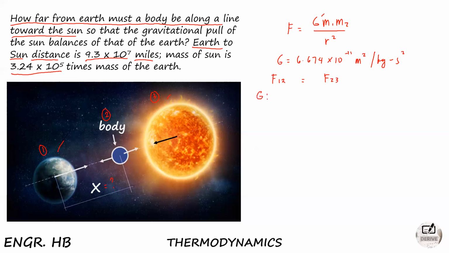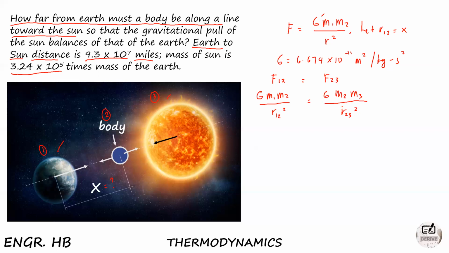So that was G M1 M2 over R12 squared, meaning 1, 2 squared. So that will be your X. So let R12 be X. And it is equivalent to G M2 M3 over R23 squared. So yan yung magiging formula natin.